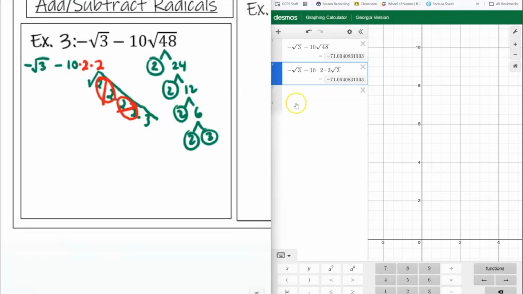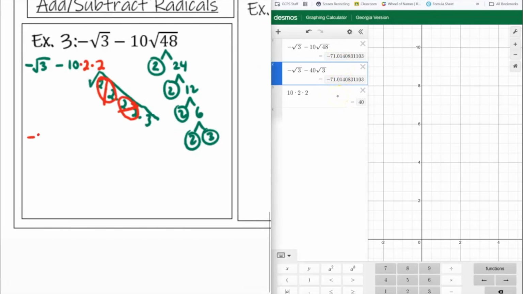All right, so the last step with simplifying is combining. So all of this is going to combine to 40. So if I just replace all of this with 40, my number should stay the same. Perfect. So this is going to be -3 negative radical, and then -40 radical 3. And what do you notice about the radicand?